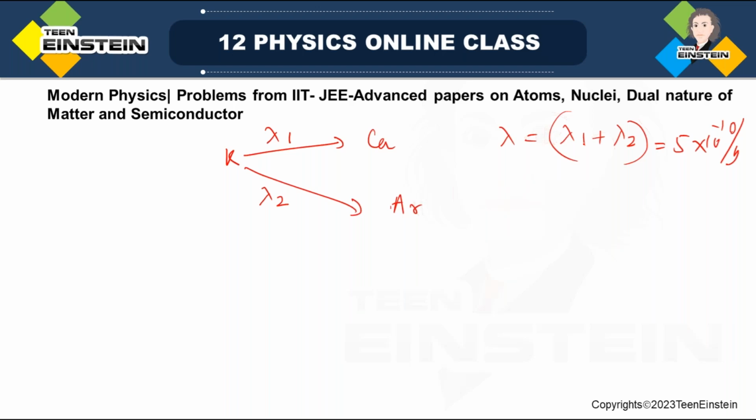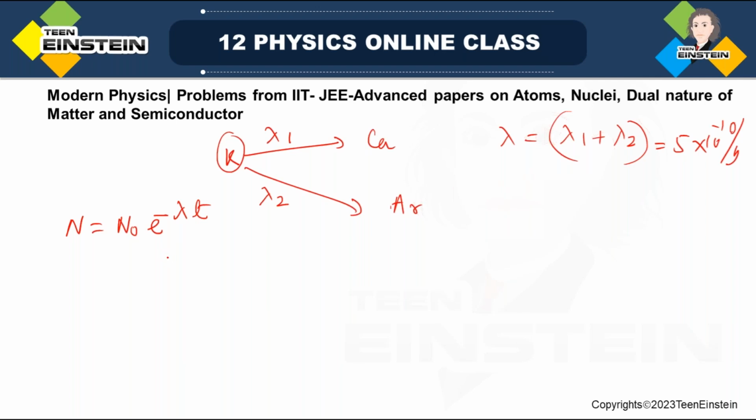Now we know the general formula. After some time t, how many radioactive nuclei will be remaining in the sample? That is the initial number N0 into e to the power minus lambda t, right?